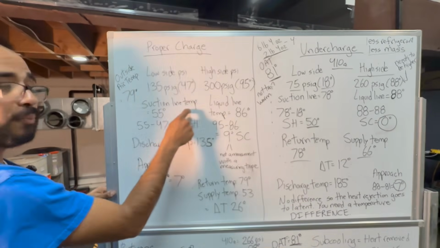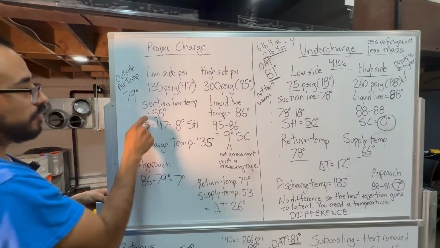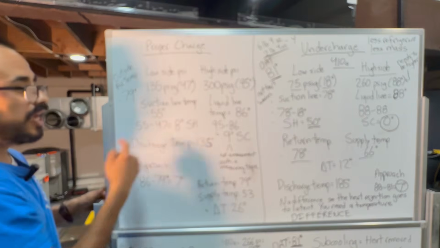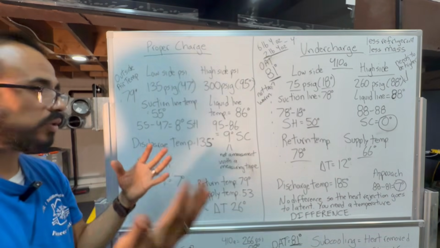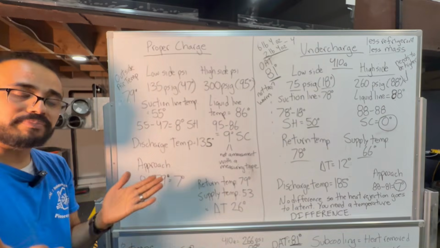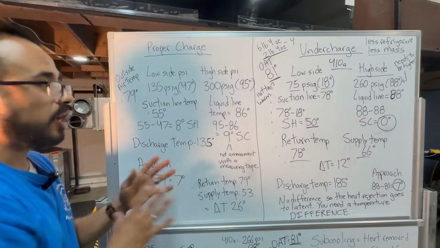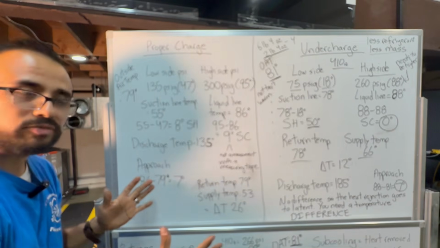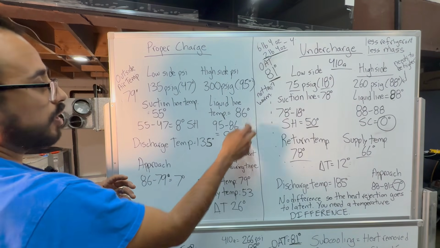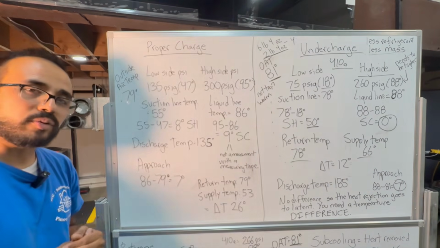My suction line temperature to get my superheat, 55 minus 47. I had 8 degrees superheat. And this was a TXV system. So it's maintaining that 8 to 12 degrees. Look at my subcooling. And like I said, I already tested these units under these conditions. So when I checked it, it gave me a liquid line temperature of 86 degrees.